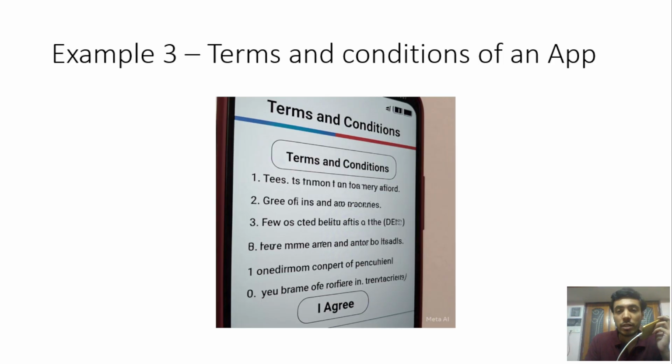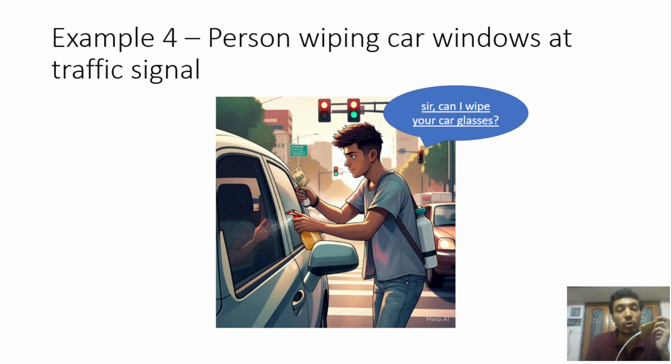But when we study contracts and their essentials, we are able to identify what contracts we are entering into in our daily lives. Another example we witness in day-to-day life is a person who comes up at the traffic lights and starts wiping your car window.